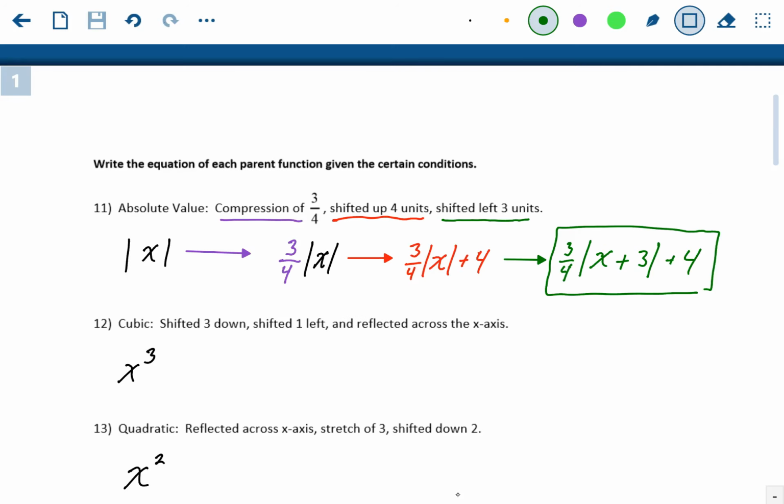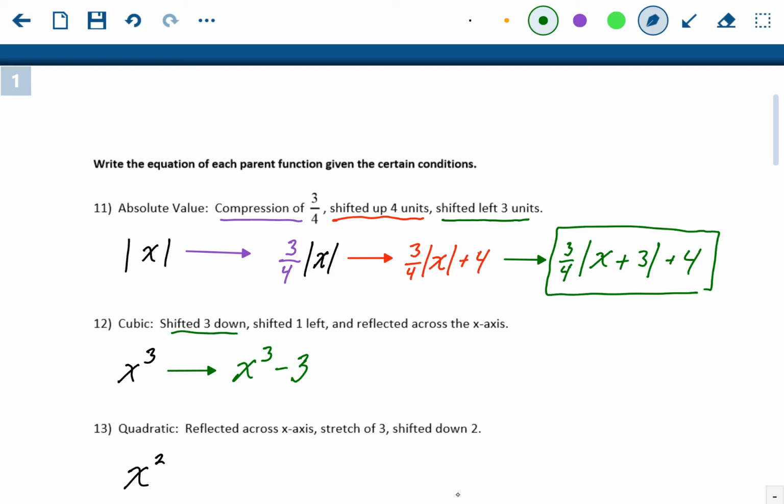All right, the second one, cubic, x to the 3rd power. So we'll start with that. Down 3, left 1, and reflected across the x-axis. Again, I'll just go through piece by piece on this one. Down 3 means outside of the cube part, we're going to have to go minus 3. So we're going to have x to the 3rd minus 3.